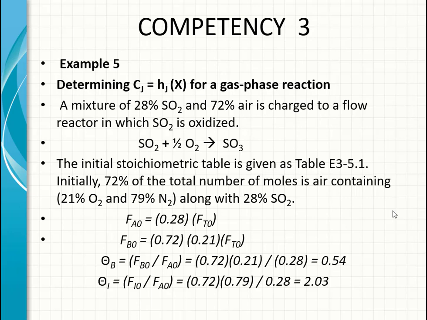So, FA0, the molar flow rate of A, in this case SO2, going into the reactor is going to be 0.28, which is the percentage of SO2, times FT0, the total molar flow rate.